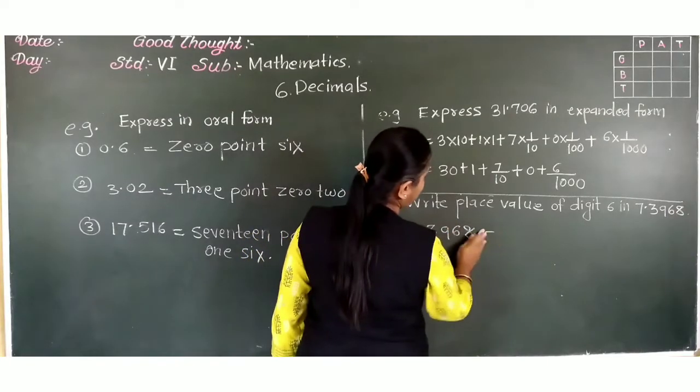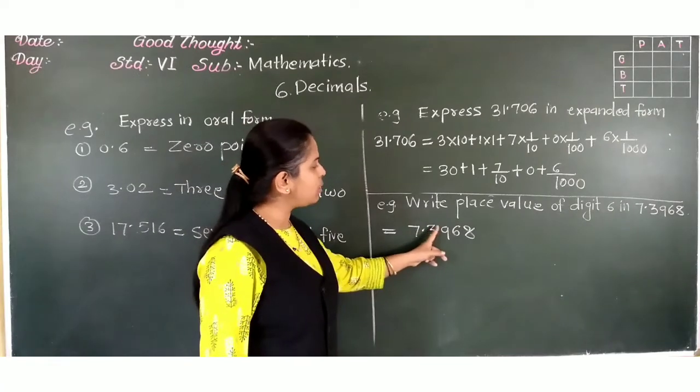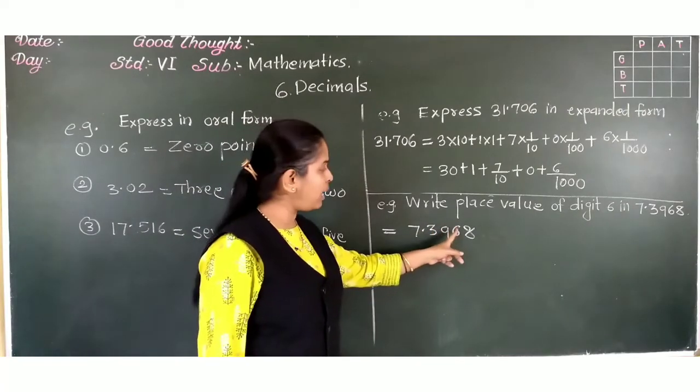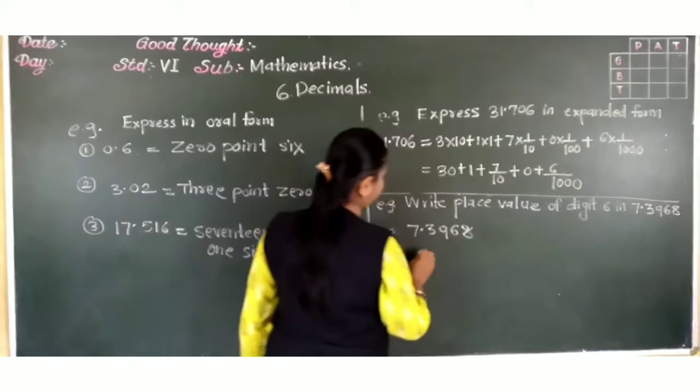Now students, 6 is at which place? Tenth, hundredth and thousandth place, correct? So how to write it here?